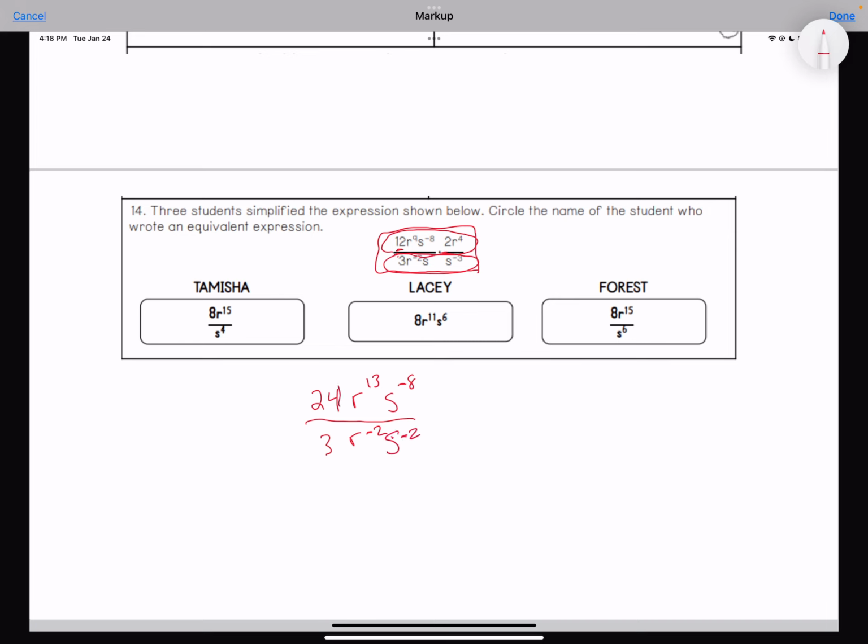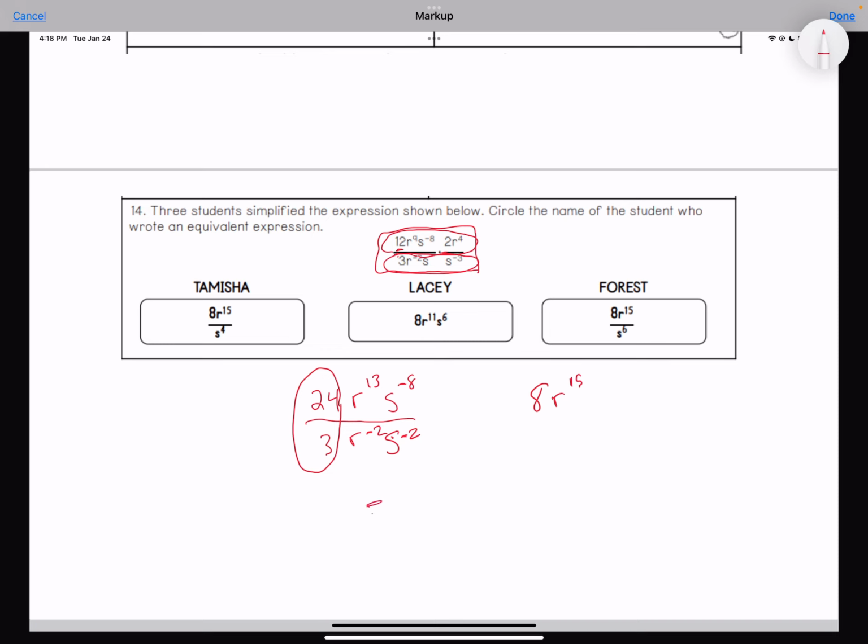So now I can start simplifying. 24 divided by 3 is 8. R to the 13th divided by r to the negative 2nd would be 13 minus negative 2, which is 15. So I have r to the 15th. s to the negative 8th divided by s to the negative 2nd.